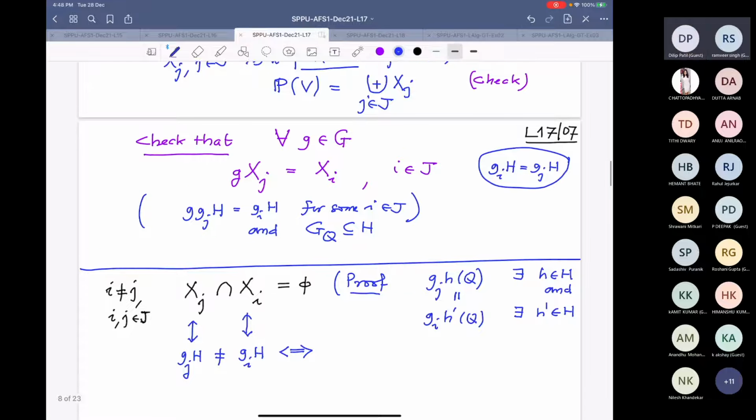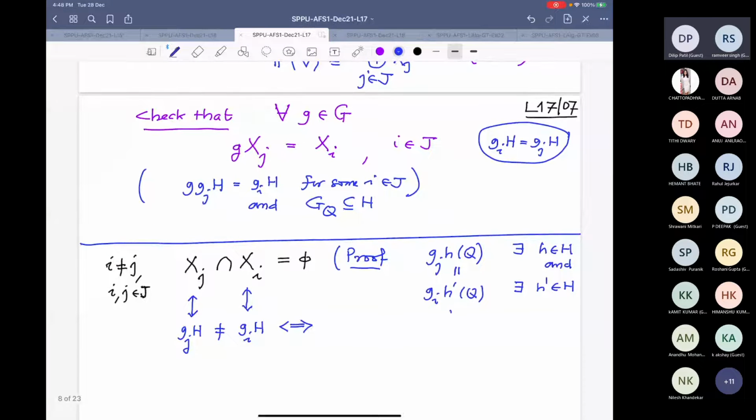So, what is this equivalent to? This condition is equivalent to, now I will shift this to the other side. So I am going to multiply this by Gi inverse.